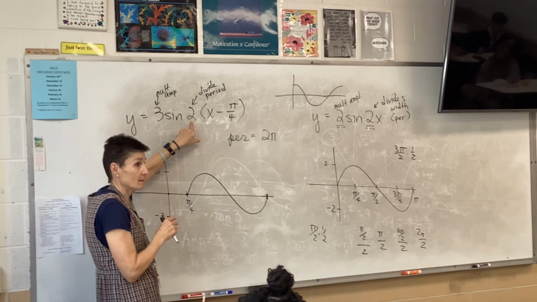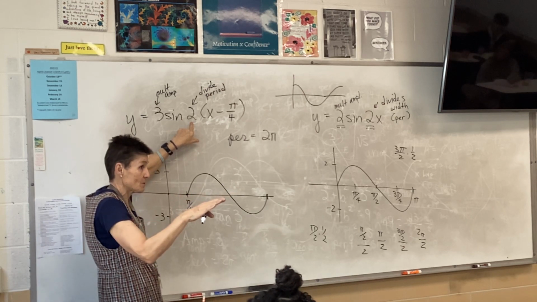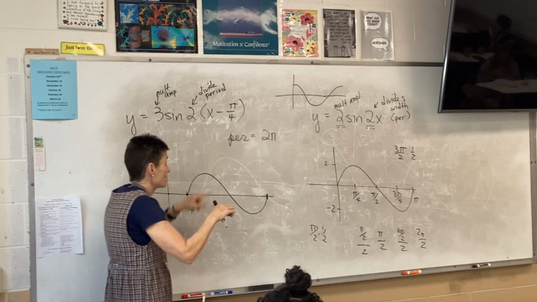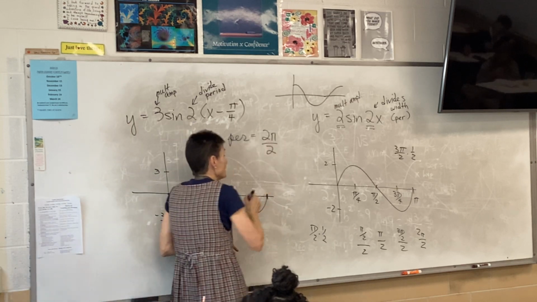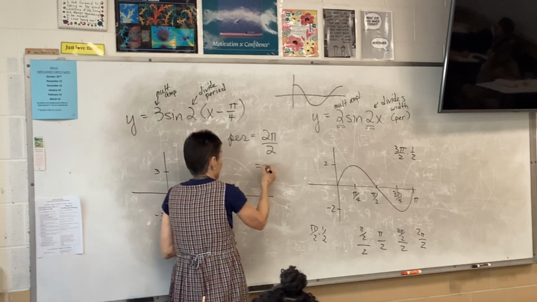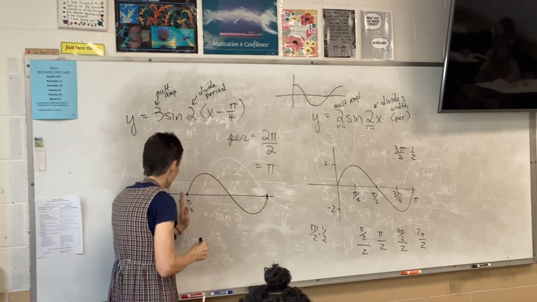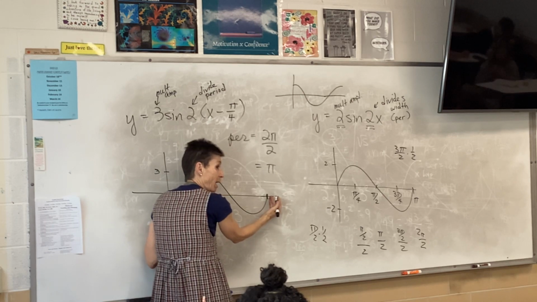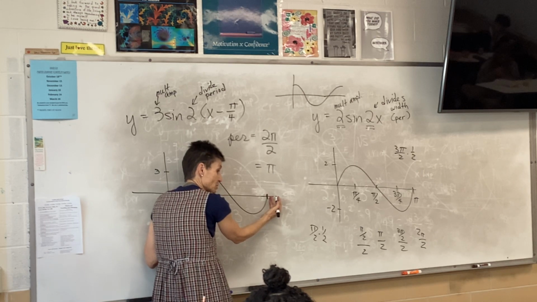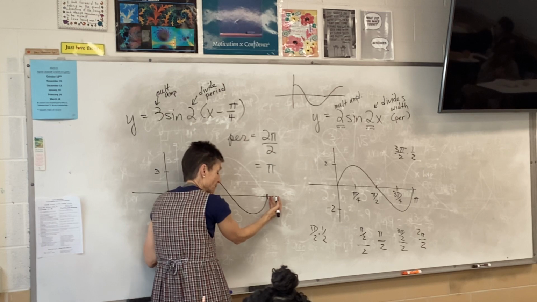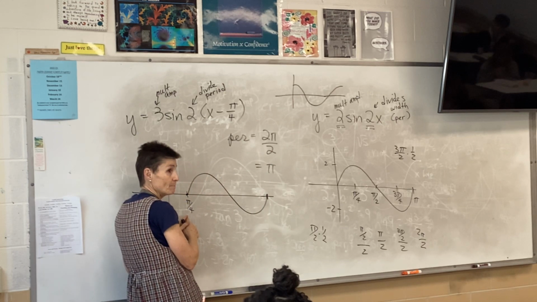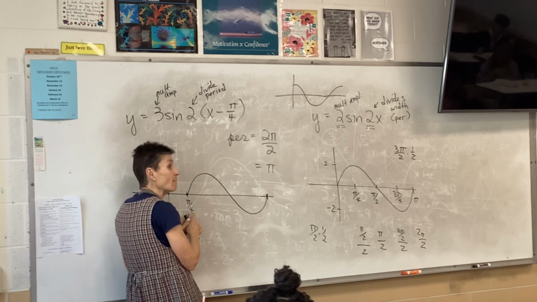I've divided it. So all the horizontal labels are going to be divided by 2, right? So my period now is pi. From here to here is pi. Now put your thinking caps on. It's very logical. This is a fourth of a pi. So think of it as a fourth.